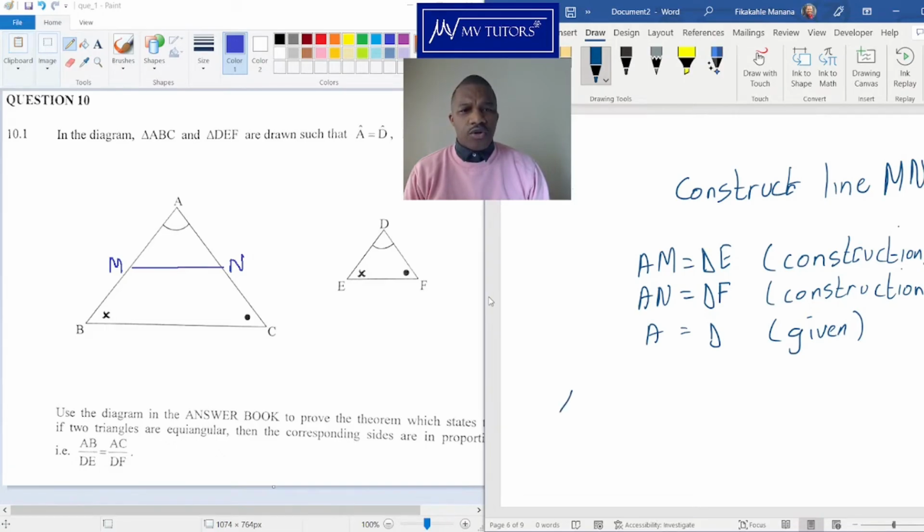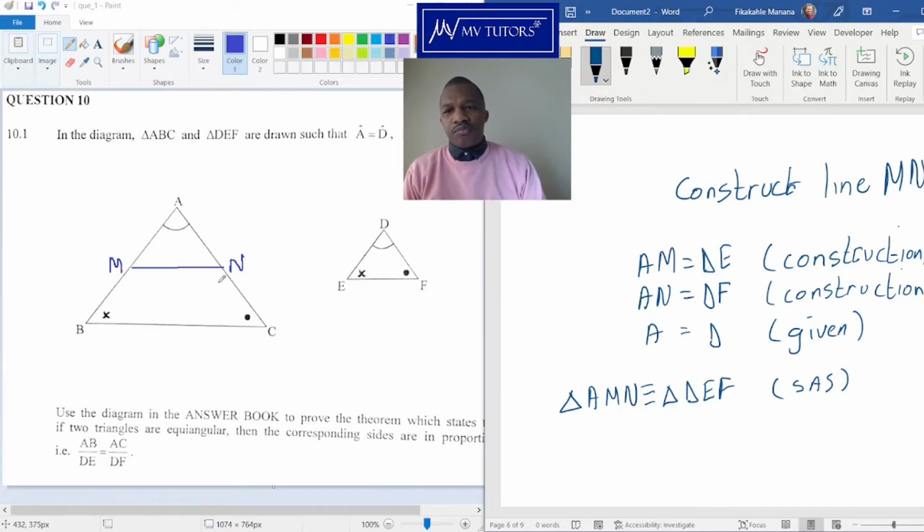We can then conclude and say triangle AMN is congruent to triangle DEF, and it's due to side angle side, or side angle, whichever you prefer.